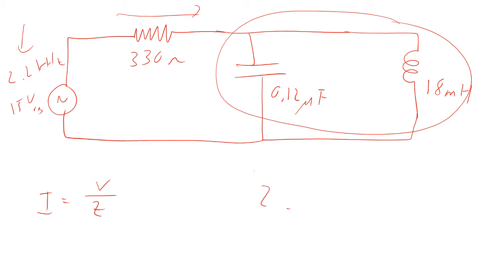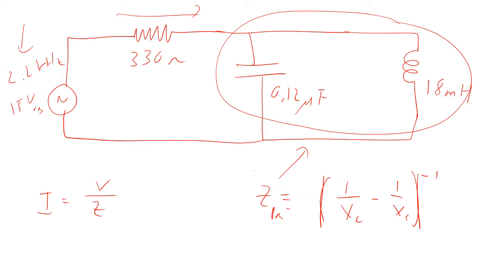The impedance of the parallel part, those two are in parallel, right? So the impedance of the parallel part is just going to be equal to (1 over XL minus 1 over XC) to the minus 1, actually the absolute value of that.